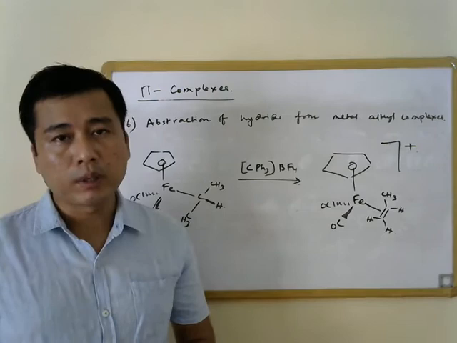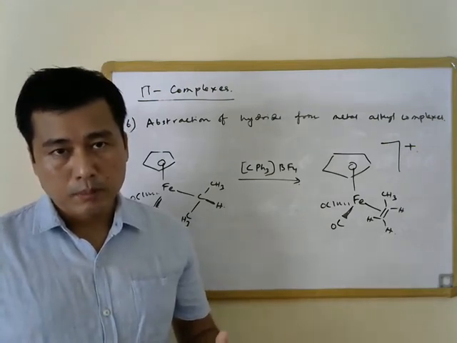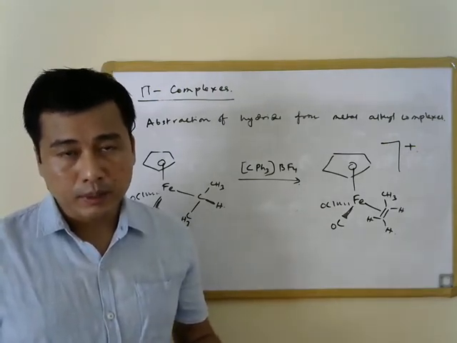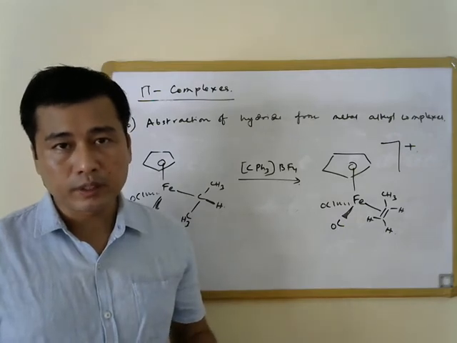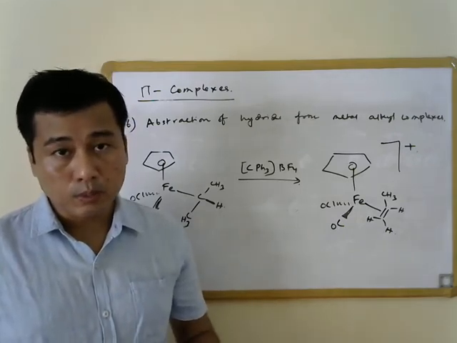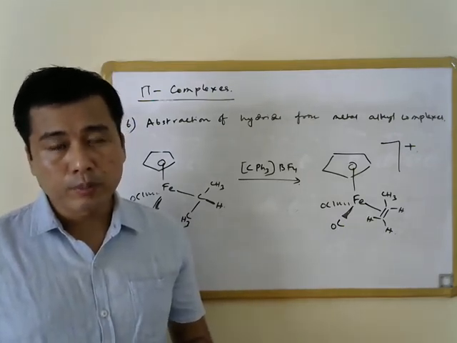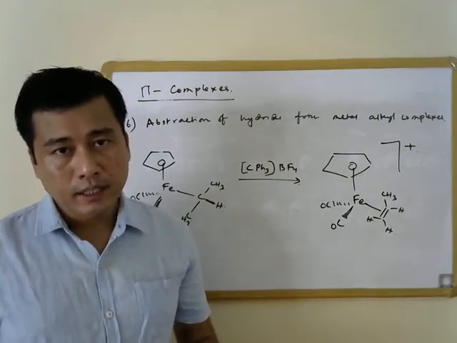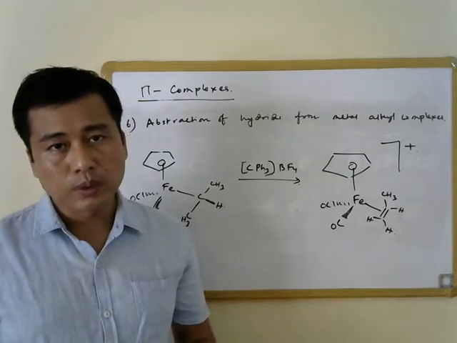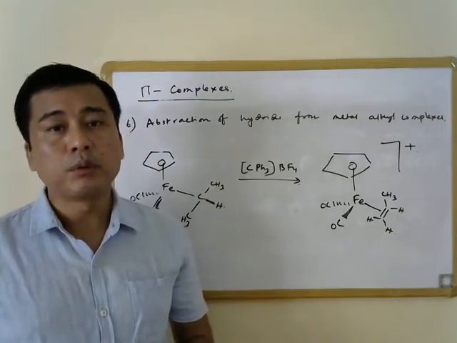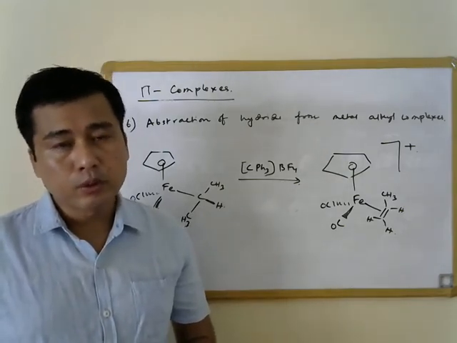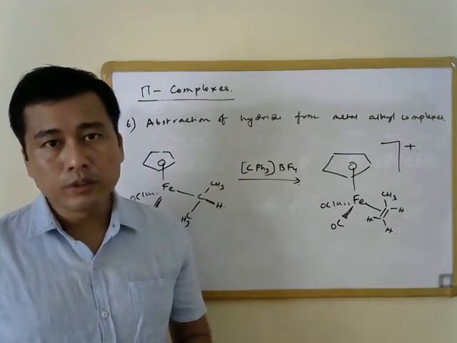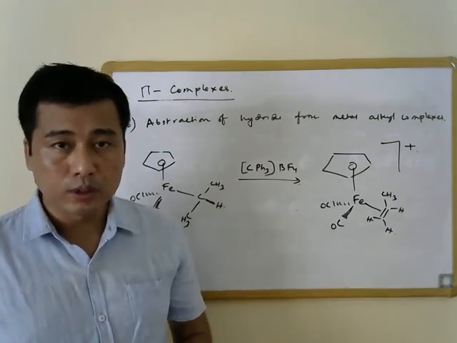We have seen how one can use metal halide complexes as precursors and substitute halide by olefin to prepare metal olefin complexes such as the Zeise's salt. And then we have seen how one can substitute a carbonyl ligand either thermally or photochemically by an olefin ligand to prepare metal carbonyl olefin complexes.